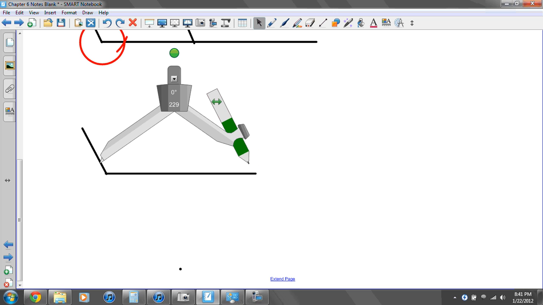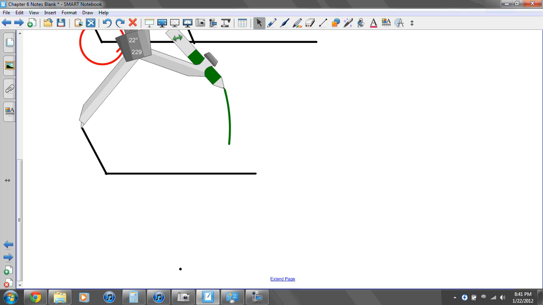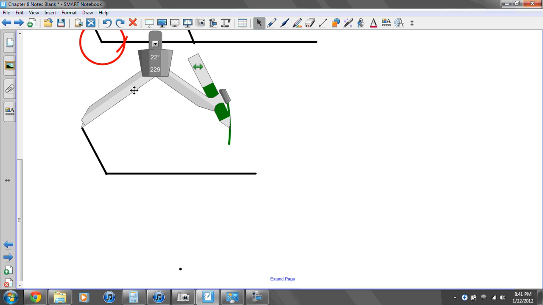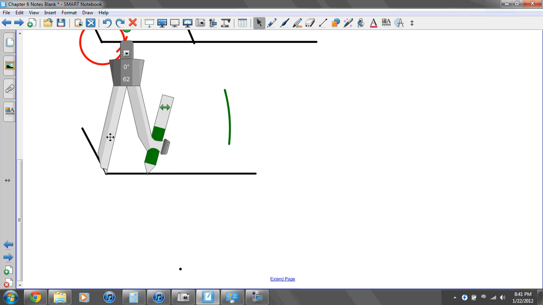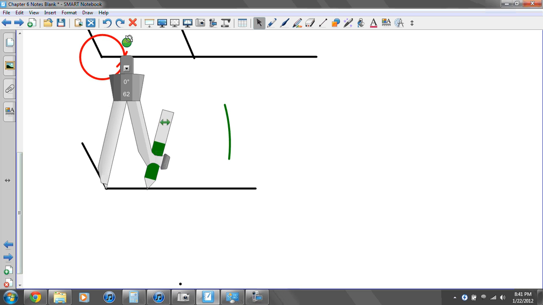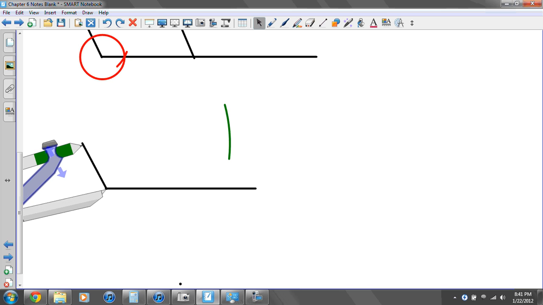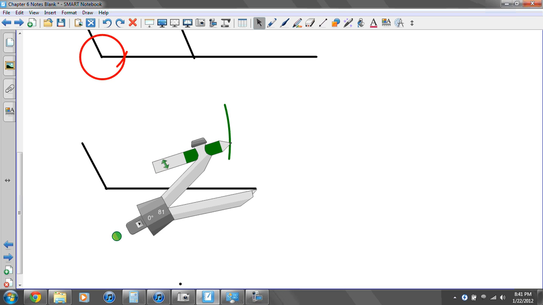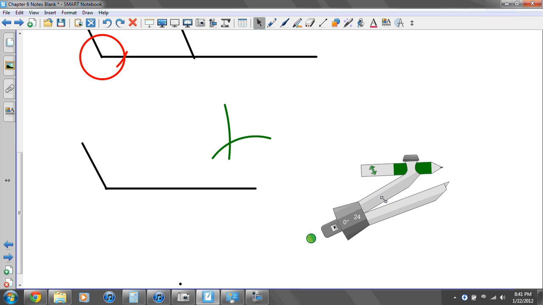Okay, from here, and I want a side that is also this long. From this endpoint. So where they cross, I can connect that to complete my parallelogram.